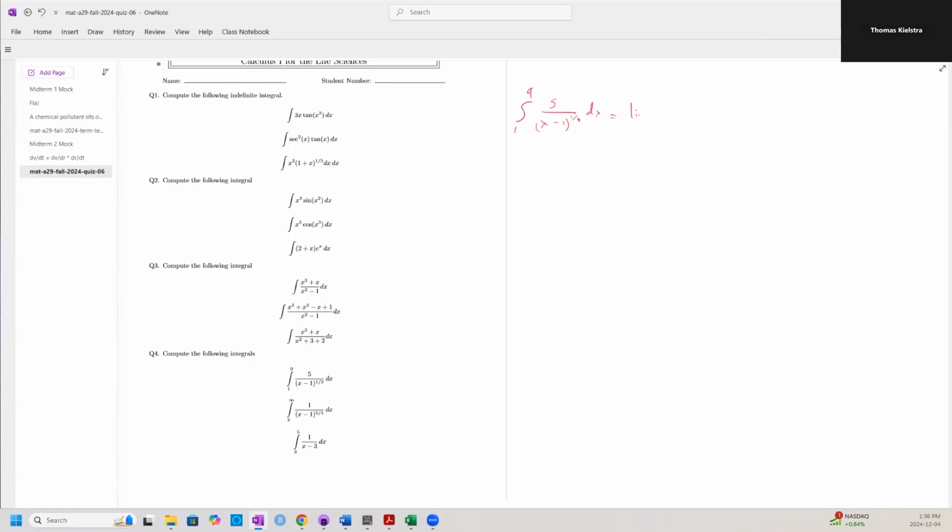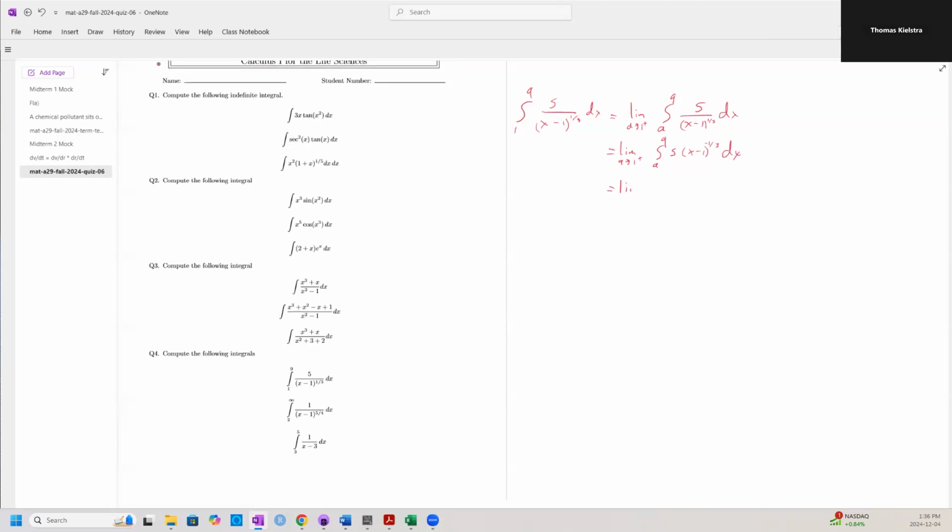So this equals the limit as a approaches 1 from the positive of the integral from a to 9 of 5 over (x minus 1) to the 1/3 dx. And to help with integration, I'm going to rewrite this as the limit as a approaches 1 from the positive of the integral from a to 9 of 5 (x minus 1) to the power of minus 1/3 dx.